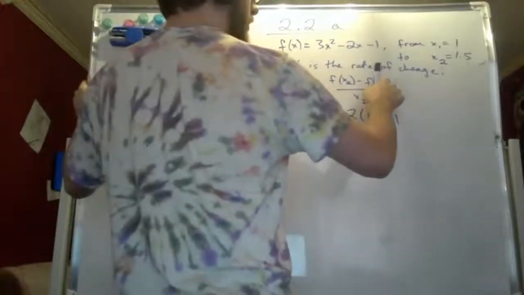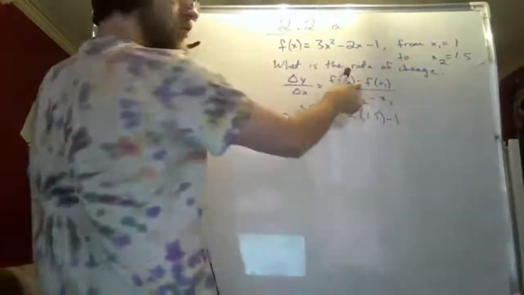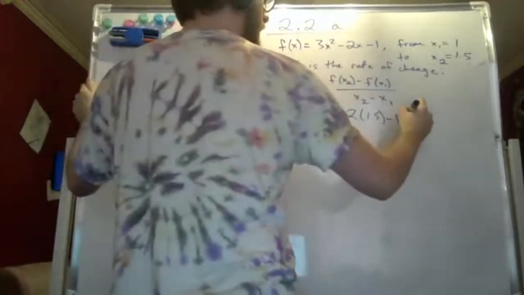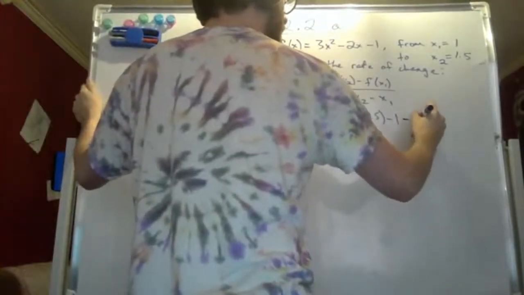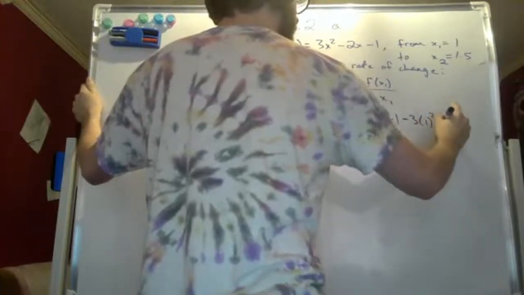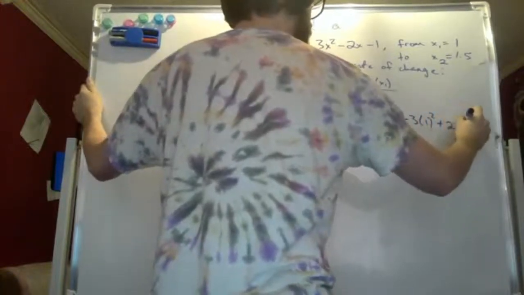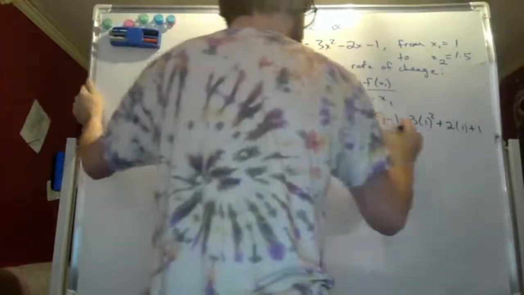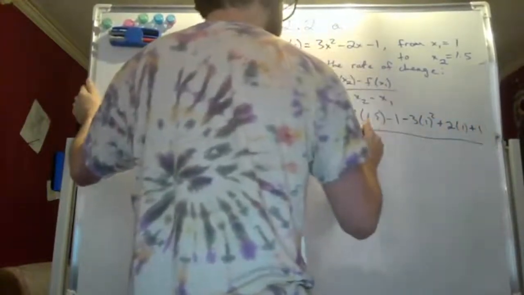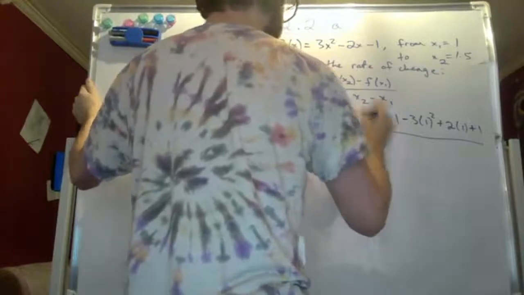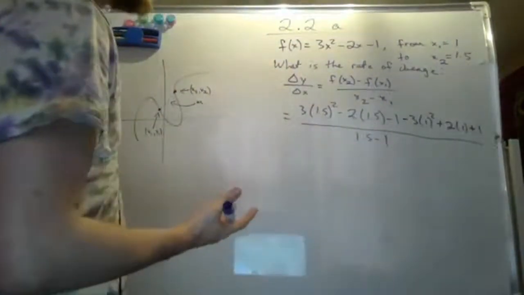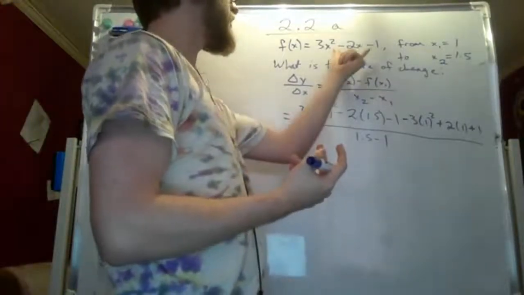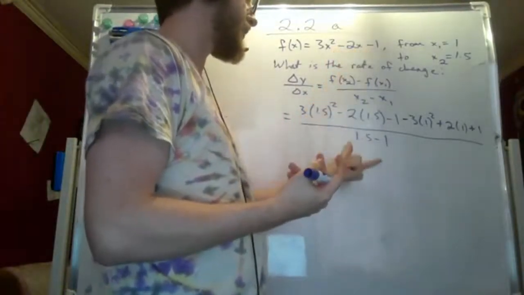And then what I get when I plug in 1, but make sure you distribute this negative here when you write it out with this function. So we're going to have minus 3 times 1 squared plus 2 times 1 plus 1. And this is all divided by 1.5 minus 1. So far all I've done is copy these numbers into this formula based on the equation that I'm given.